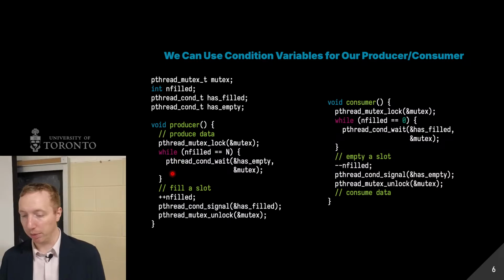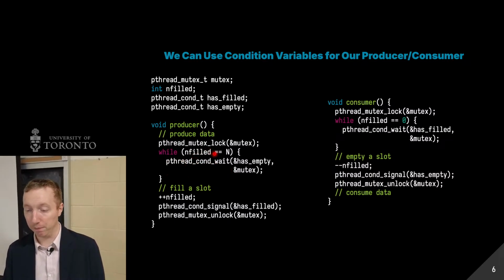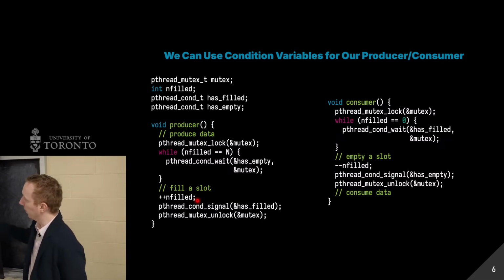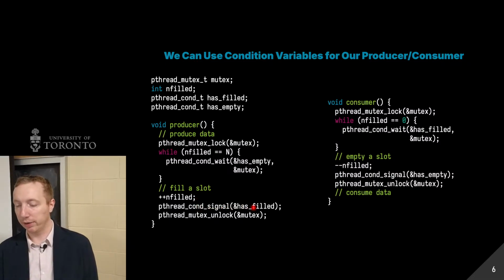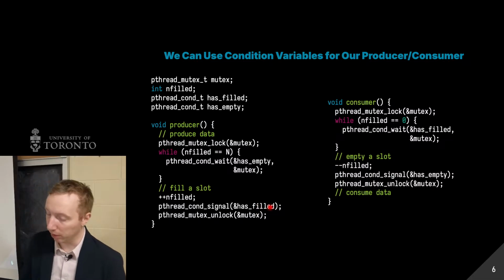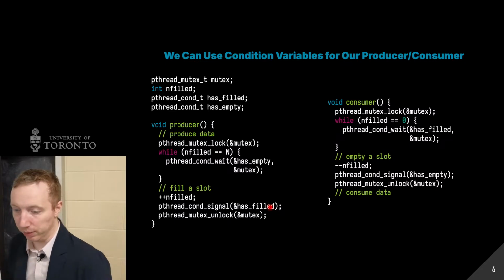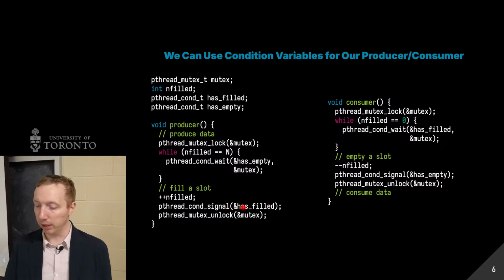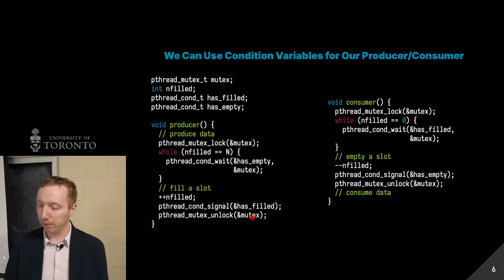If I break out of this loop, either by returning from wait or because the slots are not all filled, I can fill the slot and increment the number of filled slots, which is safe because I still have that mutex. Then I can signal a single thread in the has-filled queue if there is one. If there's nothing in the queue, signal will do nothing. Otherwise, it will wake up a single thread, which is good because I just filled a single slot. Then we can unlock the mutex.